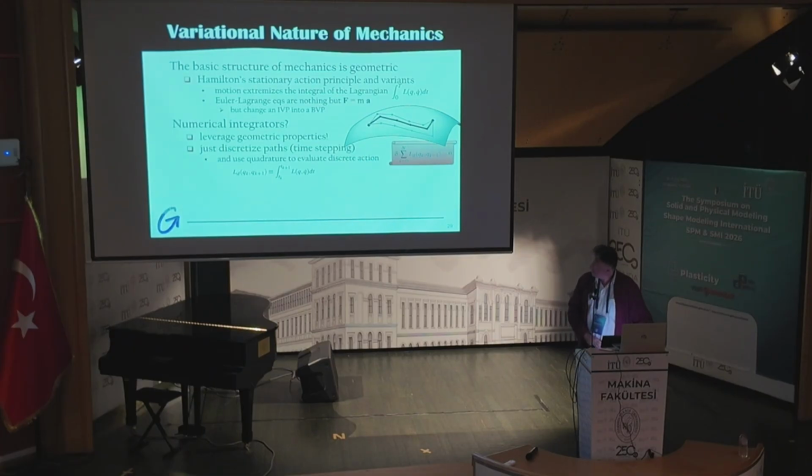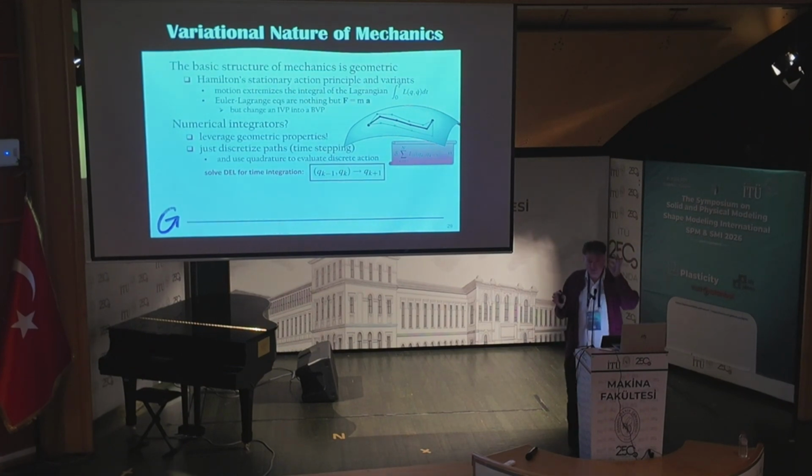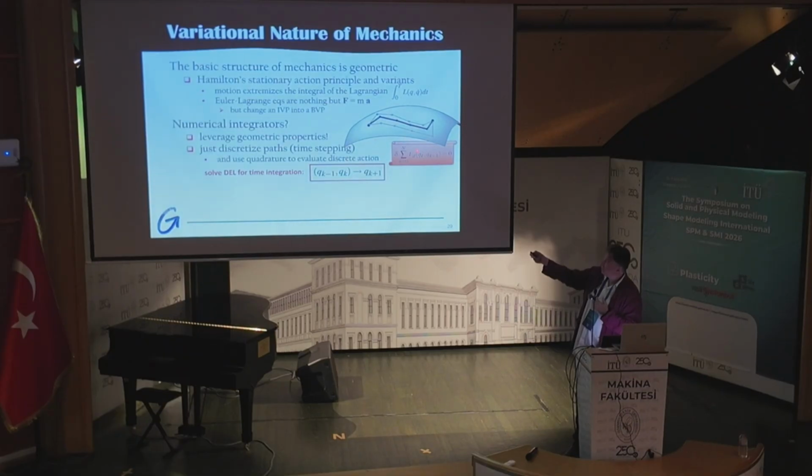So let me fix qk minus 1, let me fix qk plus 1, and then I want to know what is the condition on qk so that the whole path between qk minus 1 and qk plus 1 is optimal. When you do a derivation of this, you find a simple equation that you have to solve, which basically links these three terms. Once you have that, you're done.